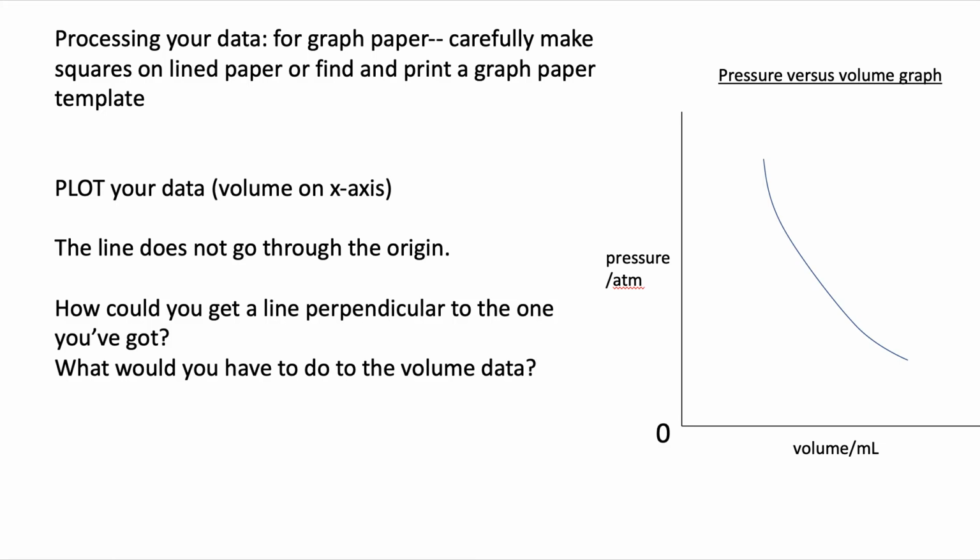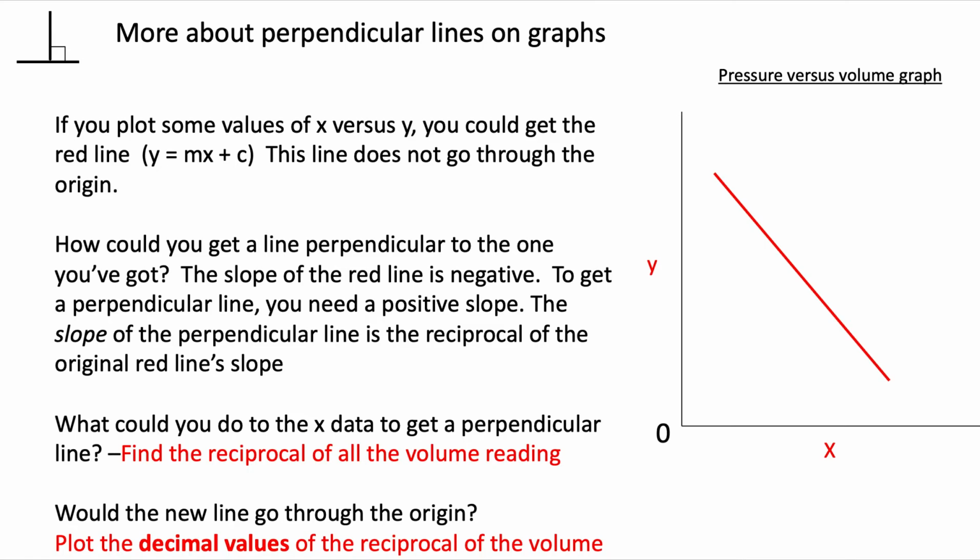You're going to get a curve rather than a line, and it doesn't go through the origin. If we want a line to go through the origin, we virtually need a line that is perpendicular to that one.